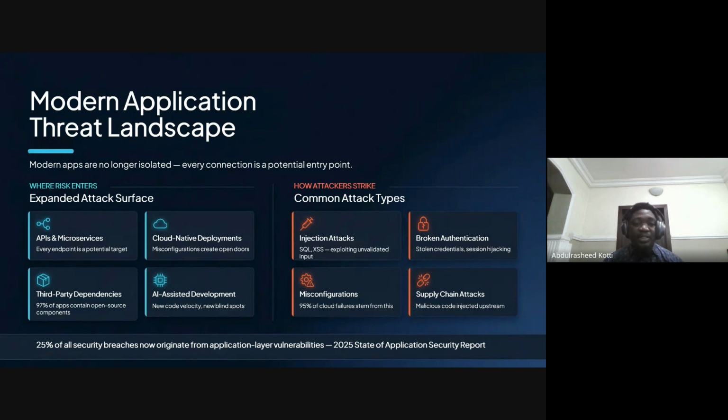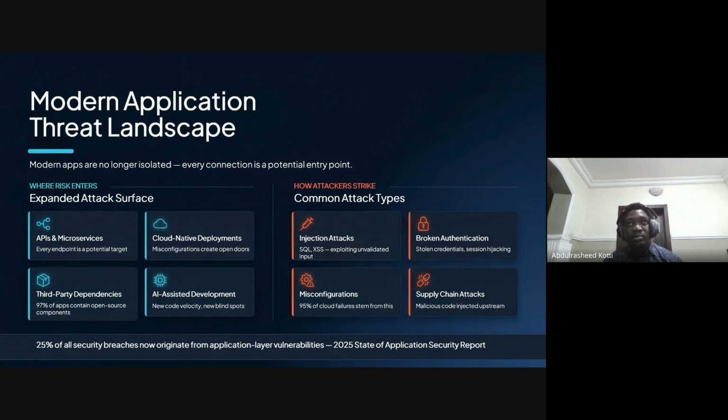Now, for third-party tools, devs use external libraries and tools to build faster. While this might improve speed and flexibility, they also have a risk.